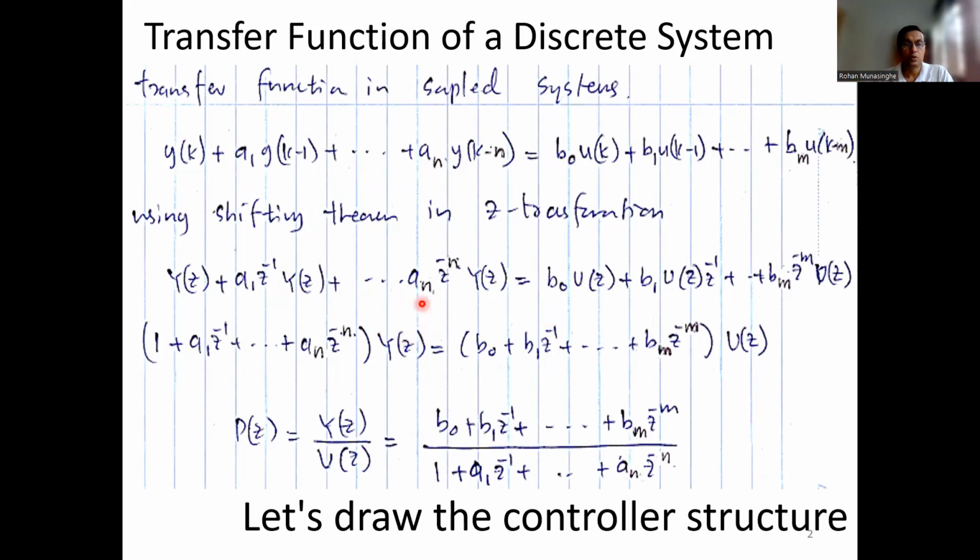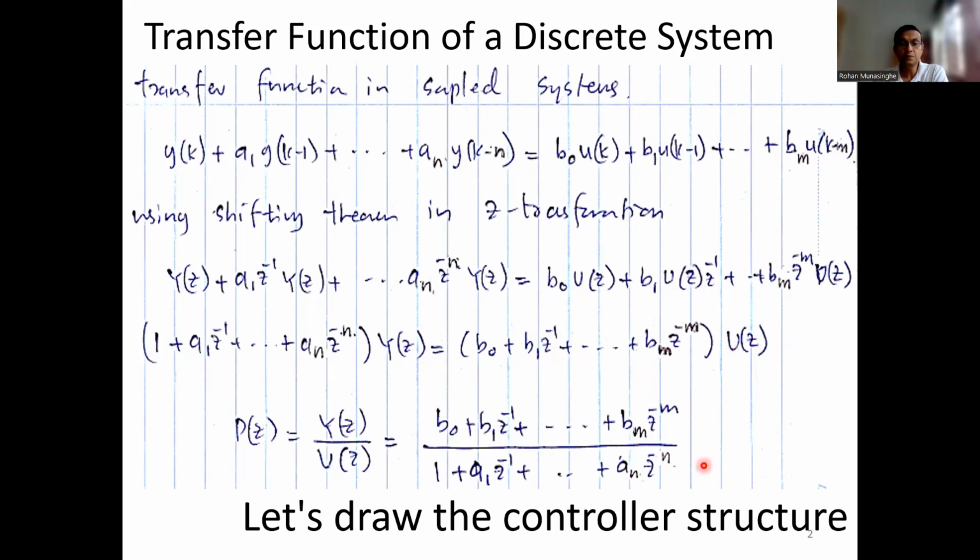So eventually the entire polynomial on the left-hand side can be written like that with one Y(z), and in front of that a polynomial of z to the minus powers. And on the right-hand side, very similarly, you can write the whole polynomial as U(z), one single term, right? In front of that, this polynomial of z to the minus 1.